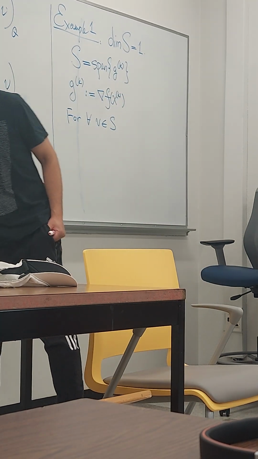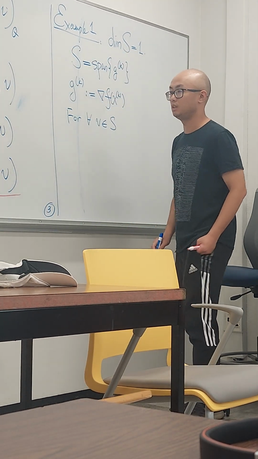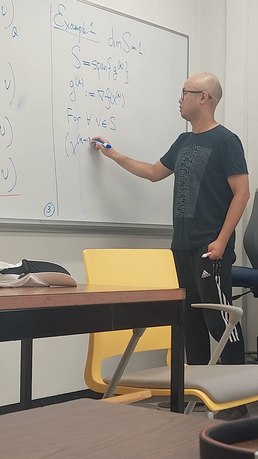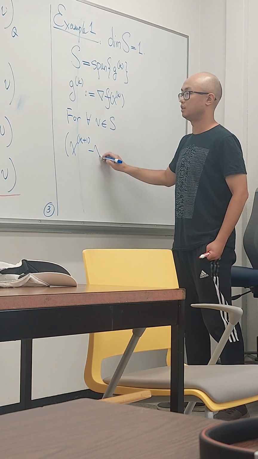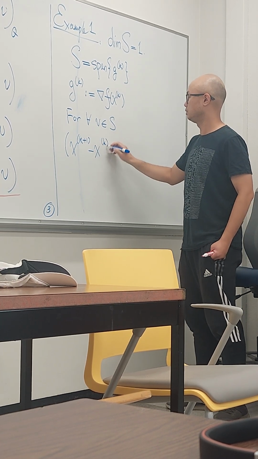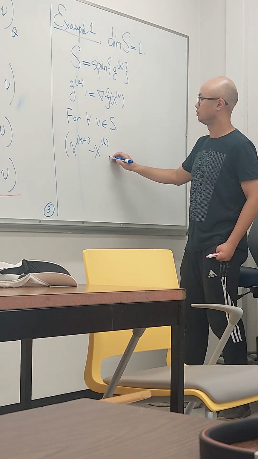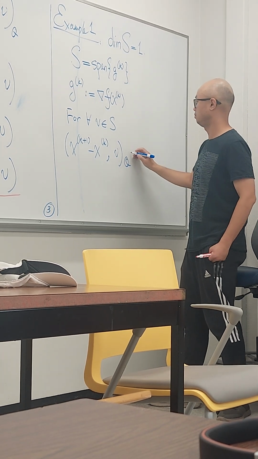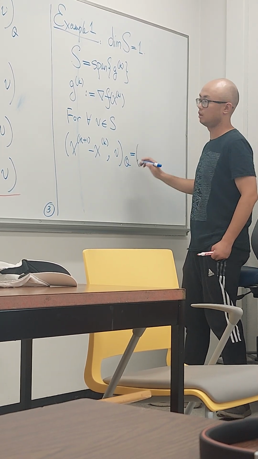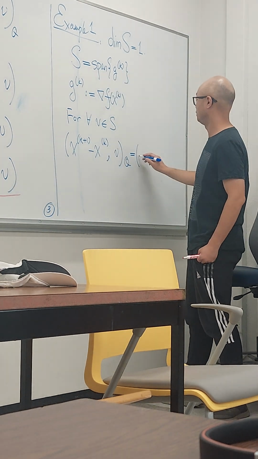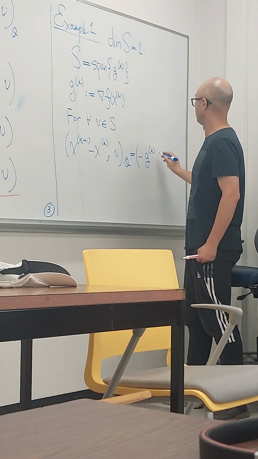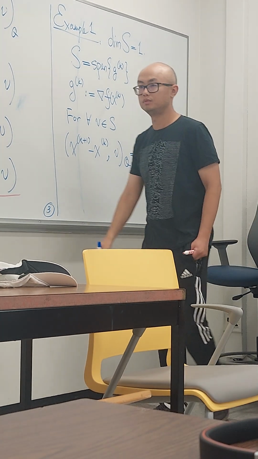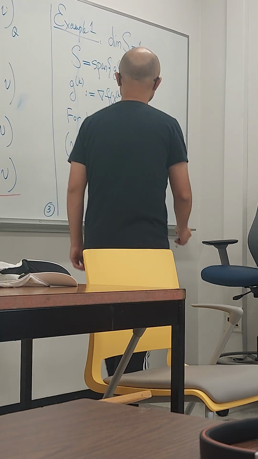We start from here and end up here, so that is xk plus 1 subtract xk, in the q norm, equals the negative gk, L2 norm.